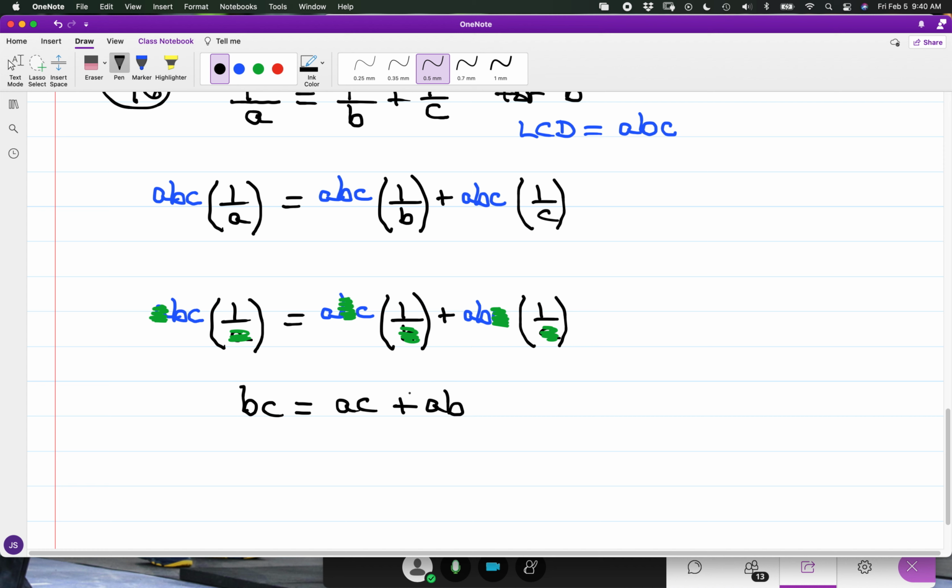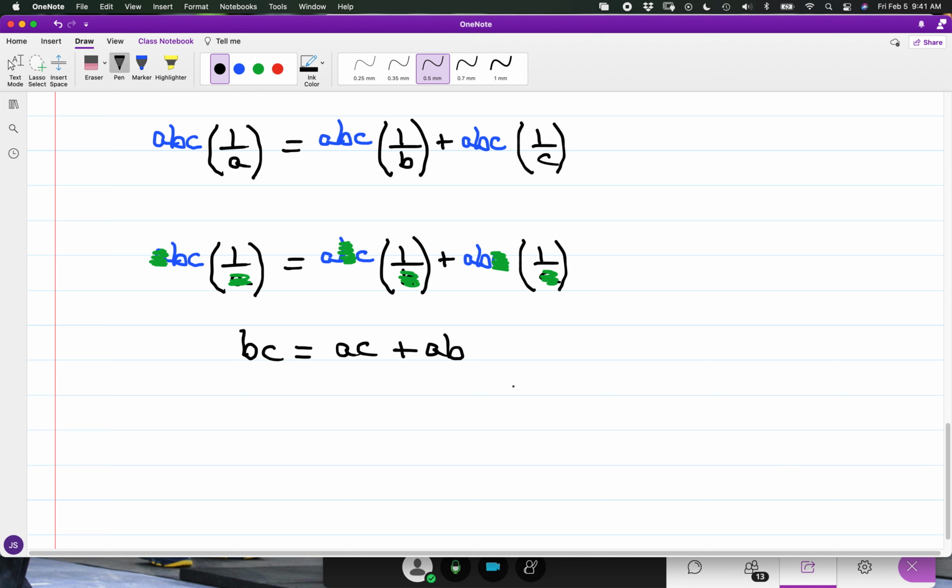Now we're looking at expressing this equation in terms of B equals, and we have 2 out of the 3 terms left standing that contain the letter B. The term on the left with the letter B is by itself multiplying C, and I can join this with AB. So I can move the AB term over by subtracting.